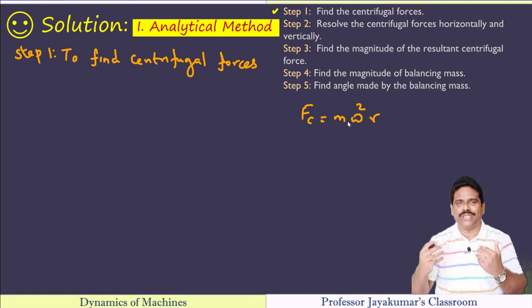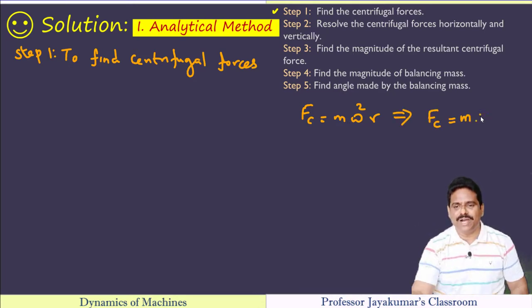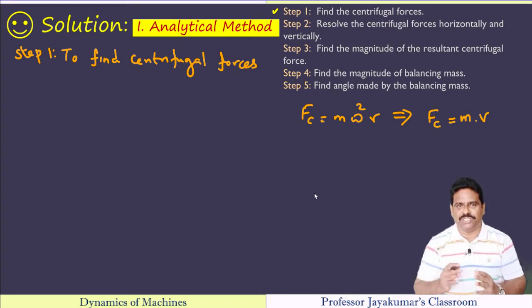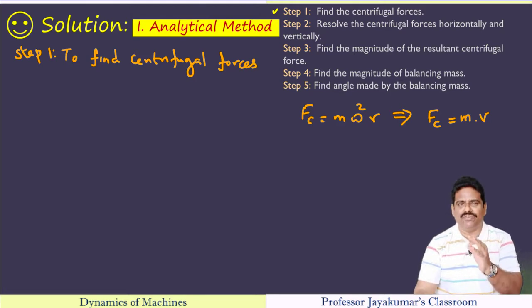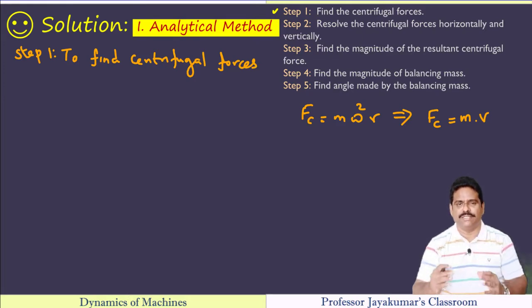The omega square value will get cancelled out, and hence mass moment, or m into r, should be sufficient. So we can find the centrifugal force of each mass now, or in other words, we can find mass moments for all the three masses.